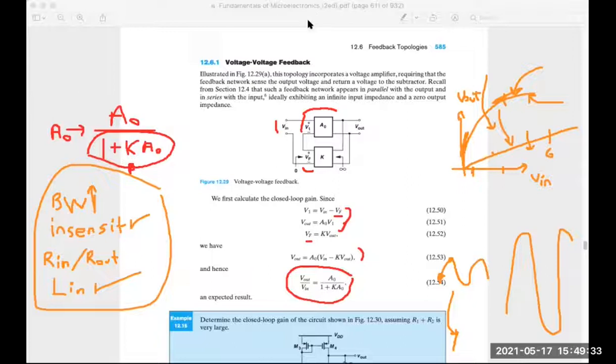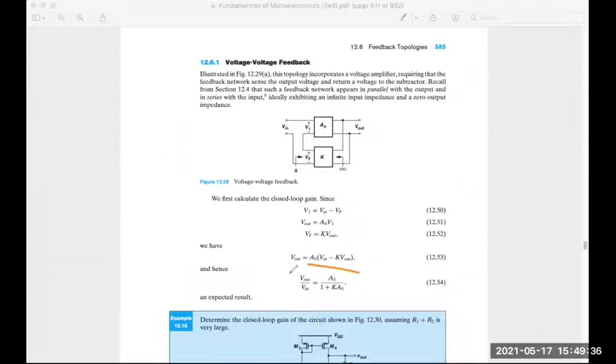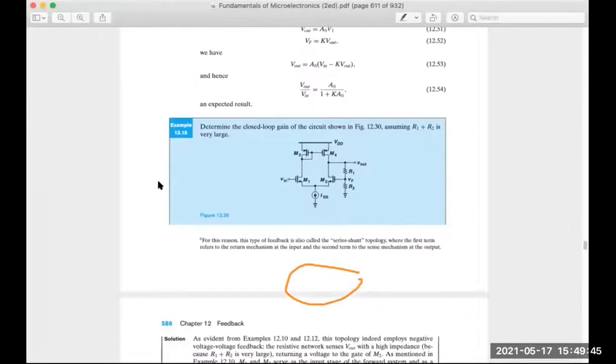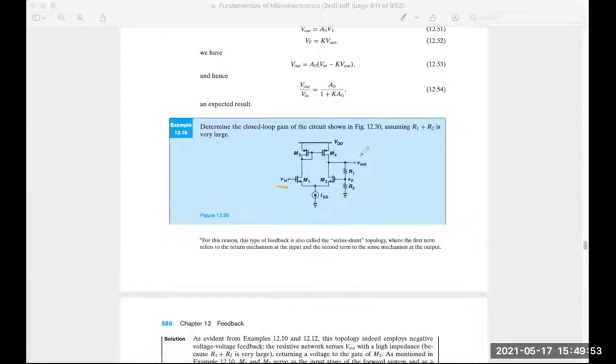Back to circuit design, as you can see, the gain drops, but it comes with many advantages, as I mentioned. For instance, this is a circuit structure of that topology, voltage feedback. We have an input voltage, and at the output, we have the output voltage. We have the output with this feedback R1, R2. We get the feedback, apply it back, and then we have a closed loop.